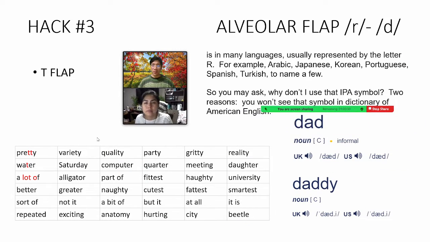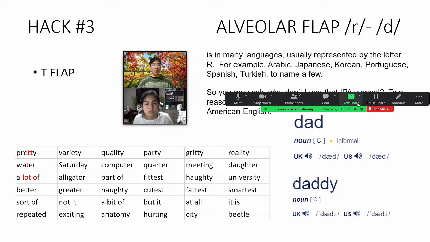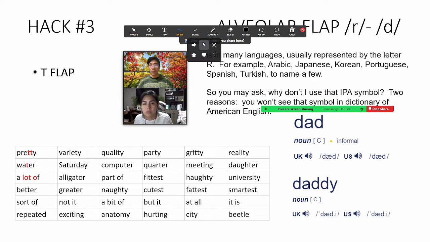So now let's practice together. You will pronounce all of these words. I will give a tick if you pronounce correctly. So the first one, please pronounce. Pretty. Perfect. Water. Continue. A lot of. Butter. Perfect.